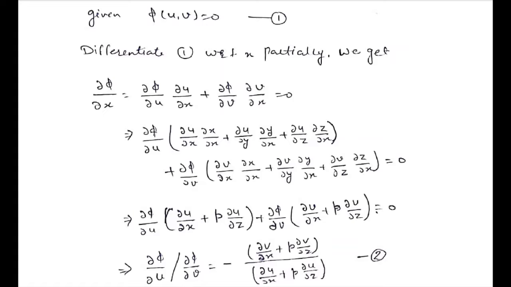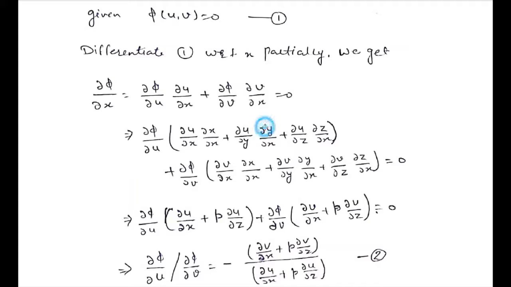Now further we can write it as del phi over del u into del u over del x. Here u is a function of x, then u is a function of y, then u is a function of z. But y is an independent variable, so del y upon del x becomes 0.